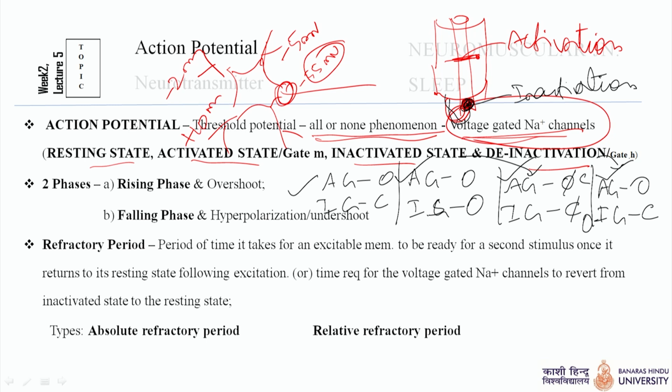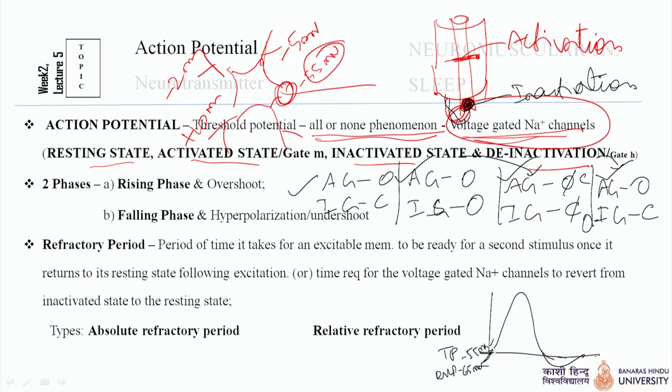Now, if you see the phases in the action potential curve, it follows like this. Here, this is the threshold potential, which is minus 55 millivolt, and it starts with the resting membrane potential, that is minus 65 millivolt. When more positive graded potentials are received, which moves the potential from the negative side towards the positive side, it goes from minus 65 to minus 55 millivolt, where suddenly it reaches the threshold potential.